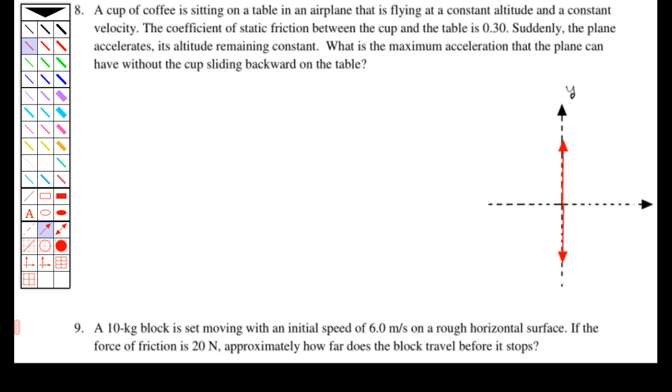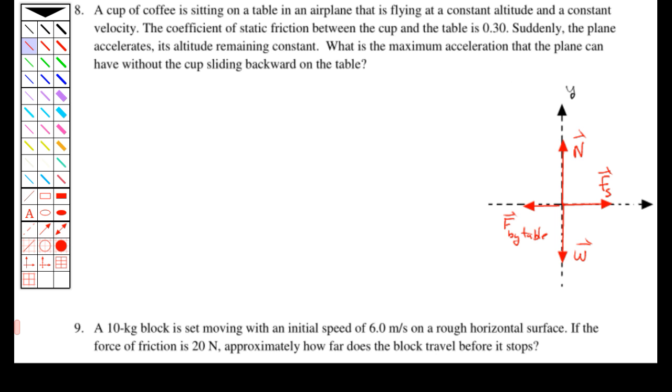So that means that the force of friction will be to the right, and the force of the table on the cup would be to the left. So let's label some of these. We have the normal force, the weight, the force of static friction, and the force by the table.